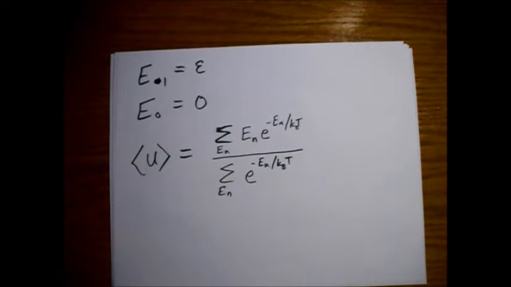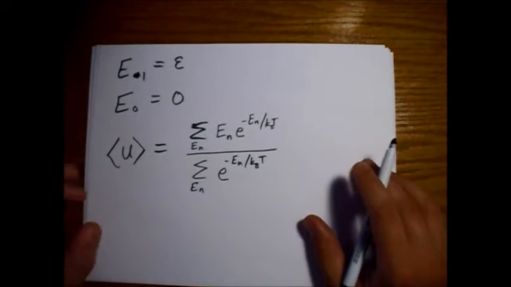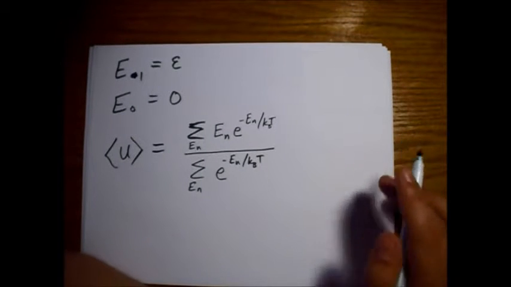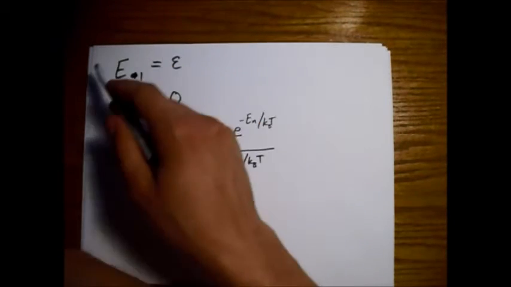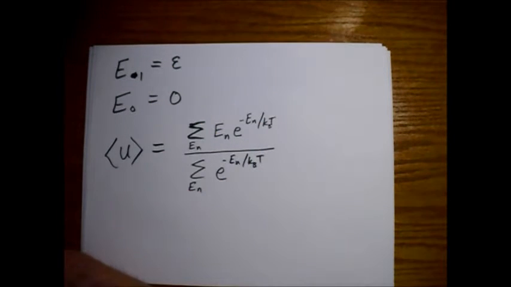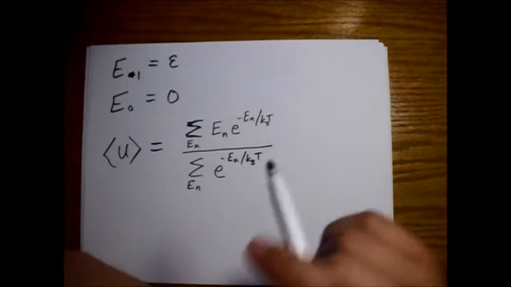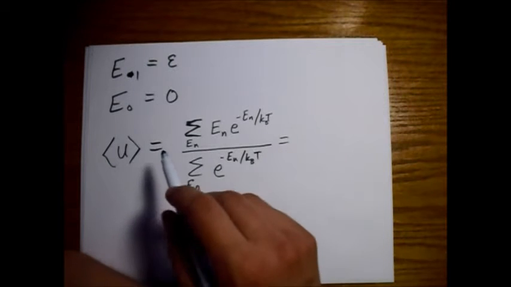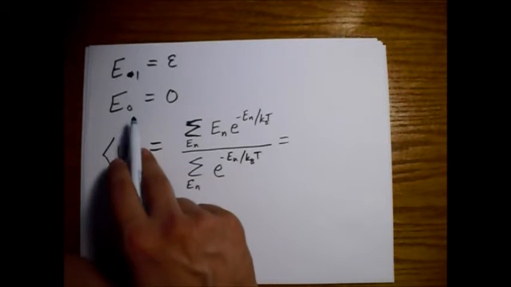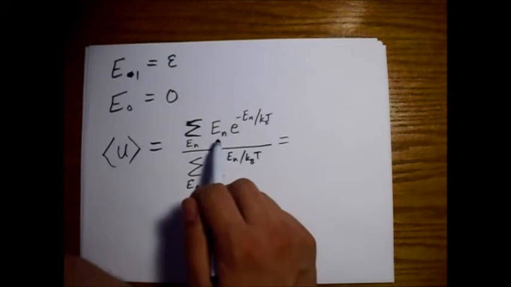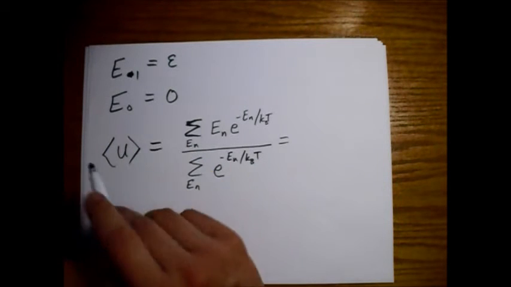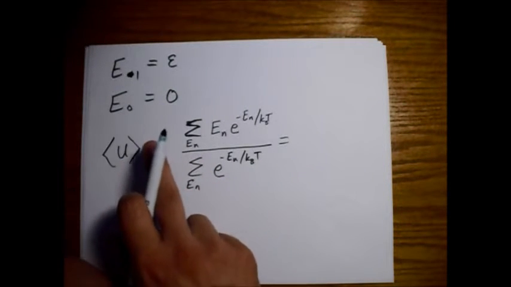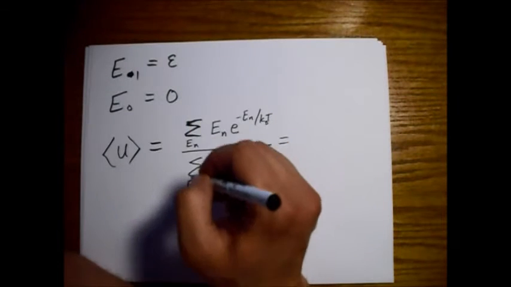The reason we're using a sum and not an integral is because there are just 2 discrete states here. So it's nice and easy for us. The first term in our sum is 0, because we set E0 to 0.